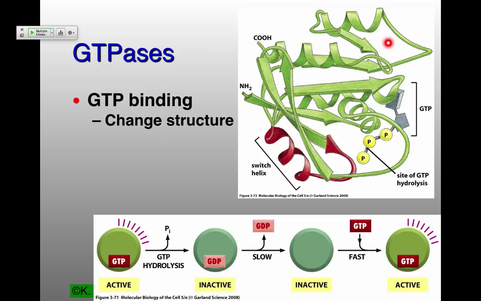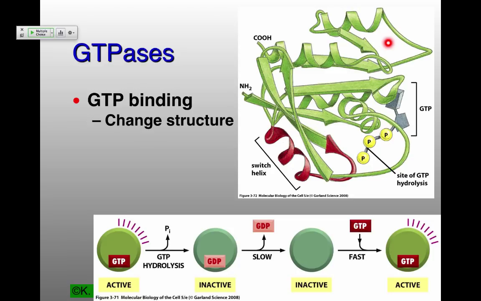So once you flip the switch, turn it on or turn it off for that matter by adding the phosphate, that is not going to change until something else comes along and puts on a phosphate or takes it off. So kinases are flipping a switch on, flipping a switch off. That's what happens with protein kinases and phosphatases. With GTPases, you flip on your switch, but eventually it's going to turn off.